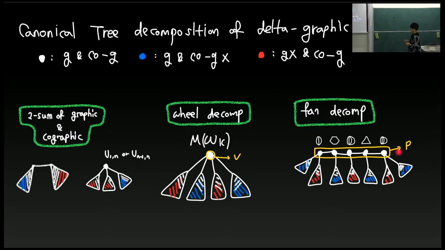In this case, we come up with the cycle matroid of a band graph, but the band graph is not series-connected, and actually it can be decomposed by alternating sums of uniform matroids of rank 1, rank n minus 1, rank 1, and so on. So we can find such a path structure in the tree decomposition, and we got a tree decomposition like this. We call this kind of tree decomposition structure a band decomposition.